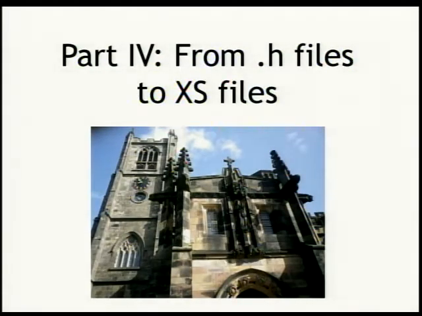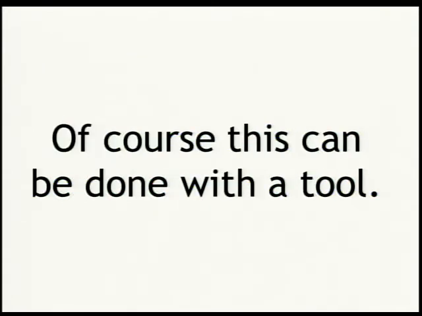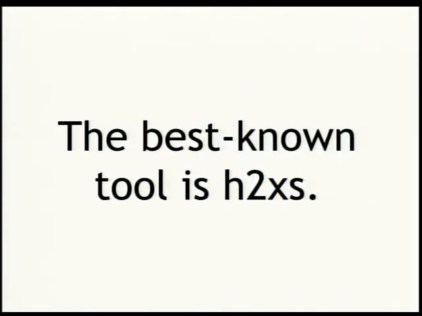And now, converting from .h files to XS files. We've written XS files by hand so far. We didn't use any tools. Actually, I used one, but I didn't talk about it. Of course, this can be done with a tool. And the best known tool is called h2xs.